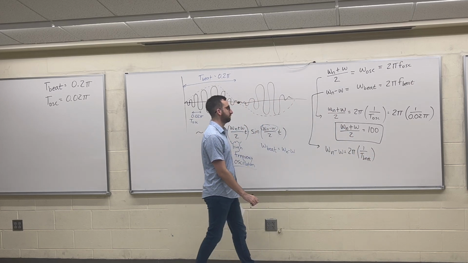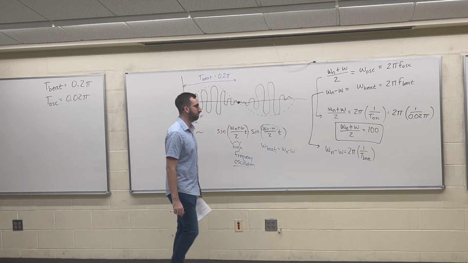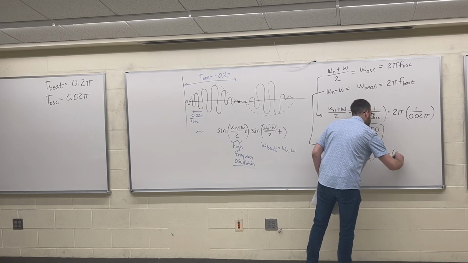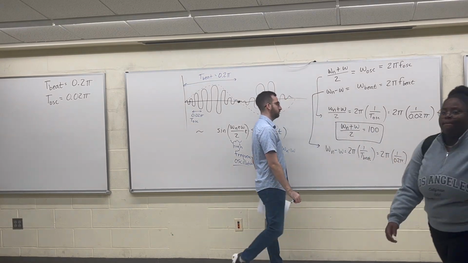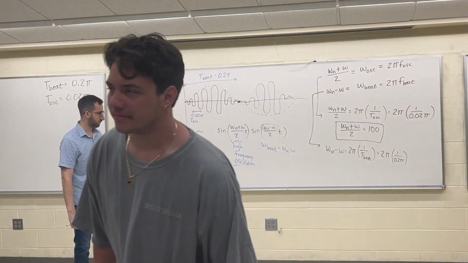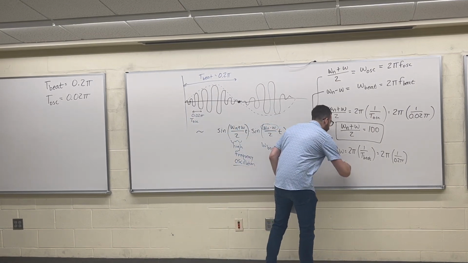That's the definition. T beat is 0.2 pi. So we get that omega n minus omega is 10.